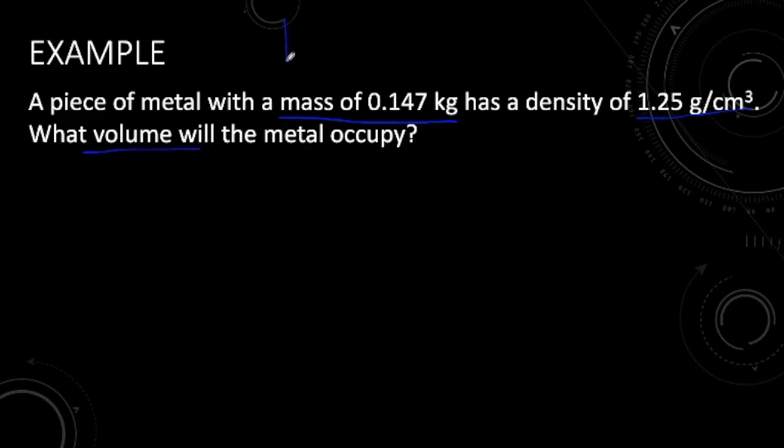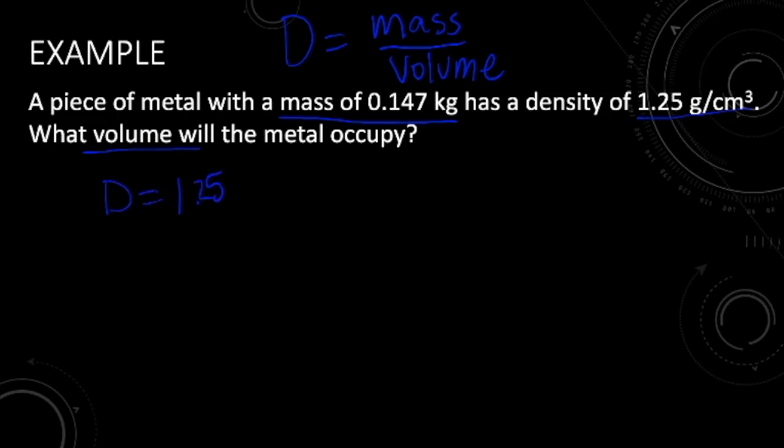So we know that density is going to equal the mass divided by the volume. We also know that our density is 1.25 grams per centimeter cubed. Our mass is 0.147 kilograms, and our volume is going to be our unknown.